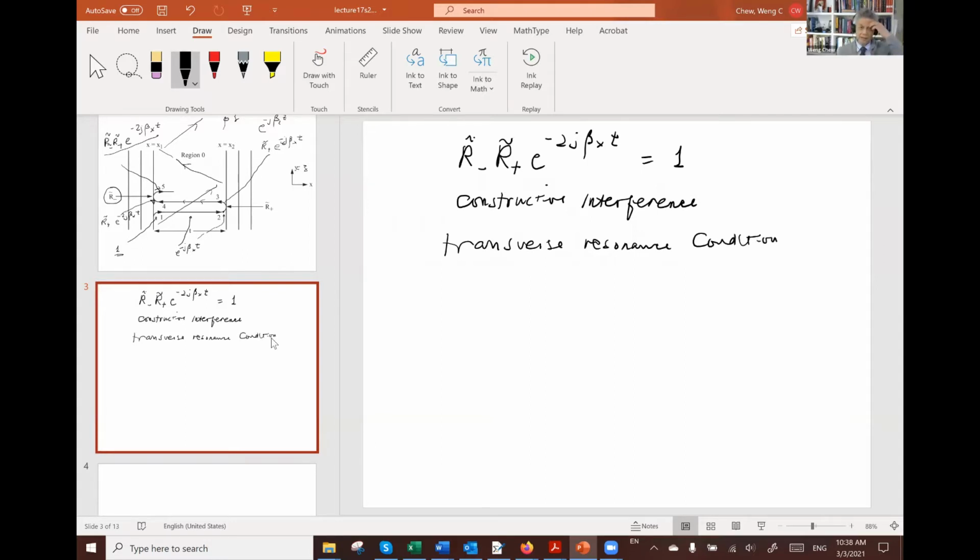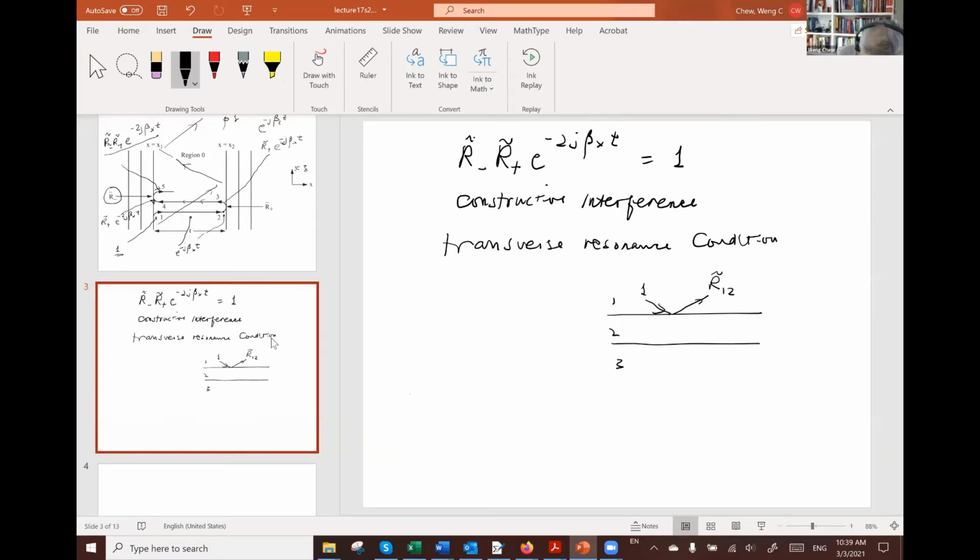Okay, and you can also get a glimpse of this transverse resonance condition by looking at the generalized reflection coefficient that we have derived before. For instance, if you have a wave incident here with the reflection coefficient R12 tilde, let's call this region 1, 2, 3.